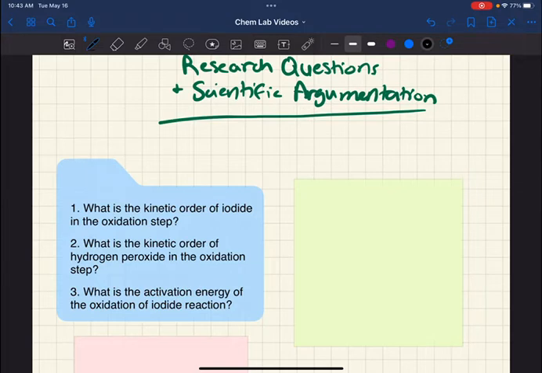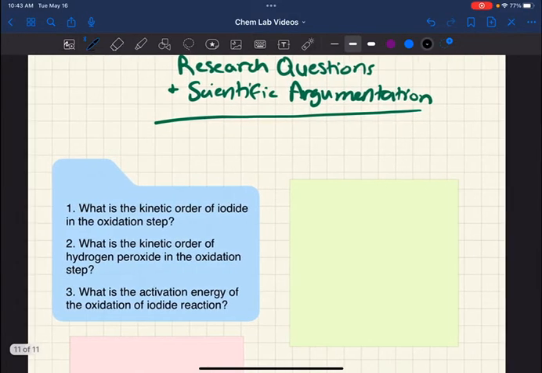We want to know the kinetic order of iodide in the oxidation step. We want to know the kinetic order of hydrogen peroxide in the oxidation step, so like our X and Y values that we just walked through in method of initial rates. And then we also want to know the activation energy of this reaction.